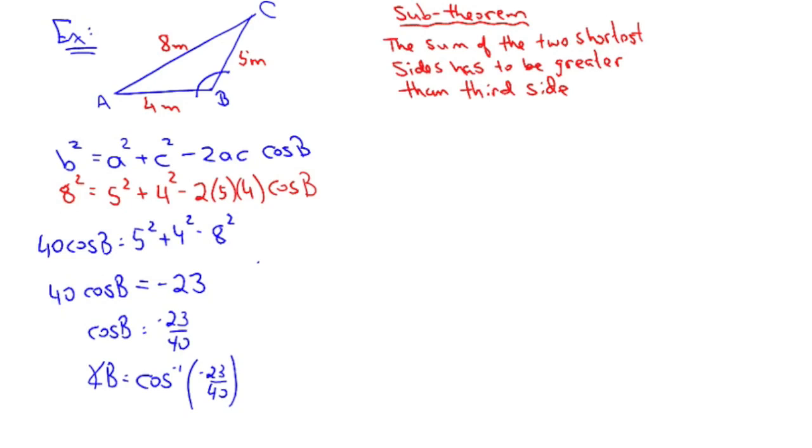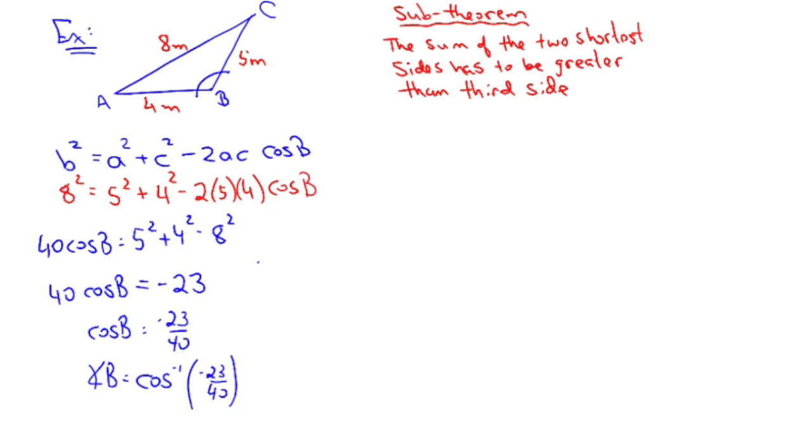What can you tell me about this angle before you type it in? How big is it going to be? Is it going to be acute or obtuse? The information's all right here. Why is it not an acute angle? Because the ratio is negative.